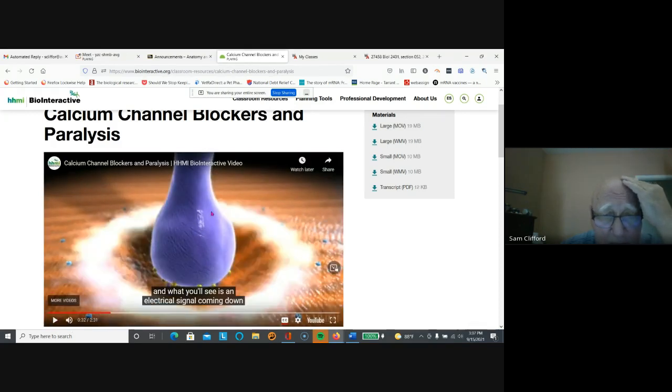Okay, so this is the motor end plate down here. This is the axon ending. These are the calcium channels.